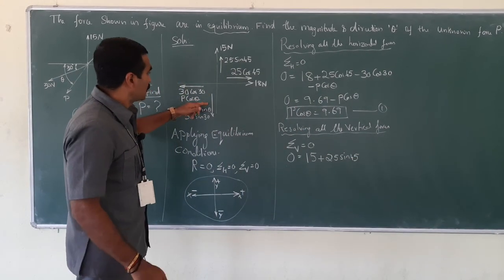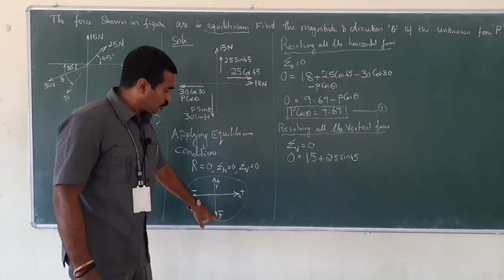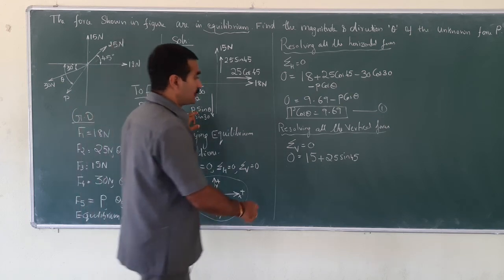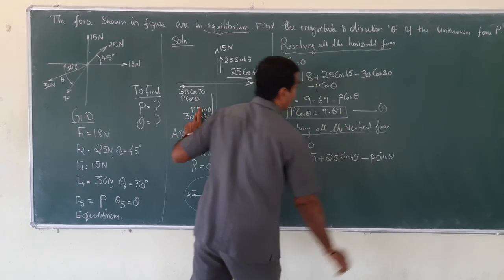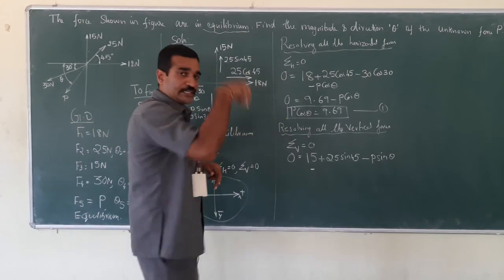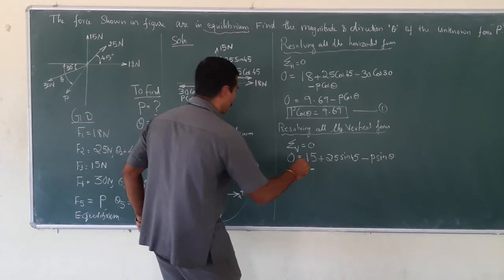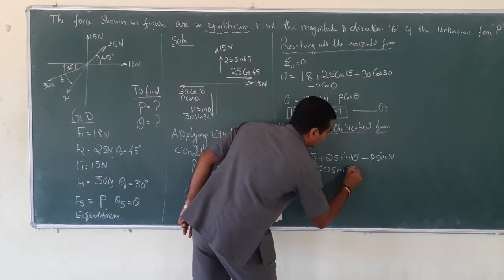And when you come over here, look at this arrow which is acting in the negative y direction. So you can mention this as minus P sin theta. And the next force which is acting vertically downwards will carry a negative symbol, and this can be written as 30 sin 30.